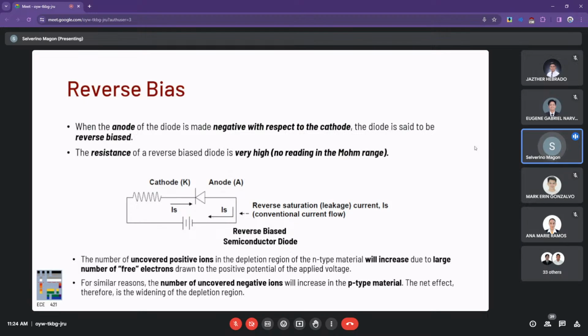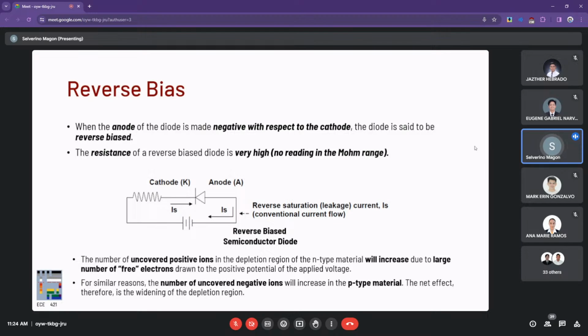Now, the reason for this is that the number of uncovered positive ions in the depletion region of the n-type material increases, due to the number of free electrons drawn to the positive potential of the applied voltage, and the number of uncovered negative ions will increase in the p-type material.